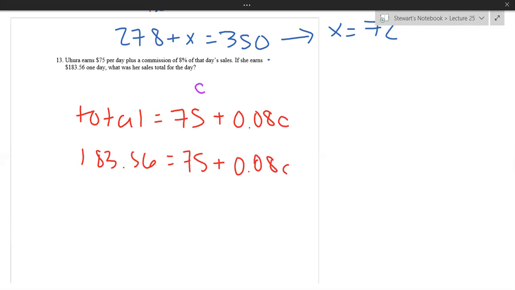Let's start by subtracting 75 from both sides to isolate the variable. So we have 108.56 is equal to 0.08C. Okay, so now we have to divide by 0.08.